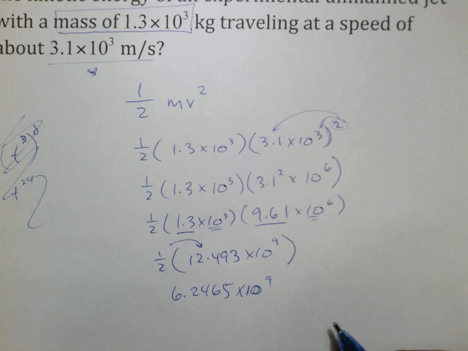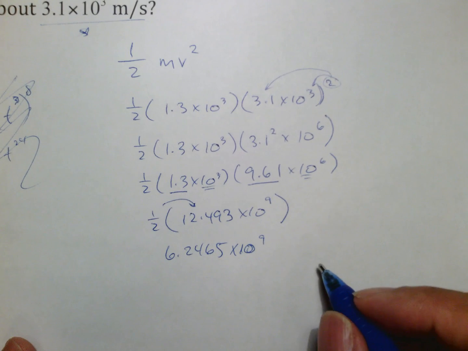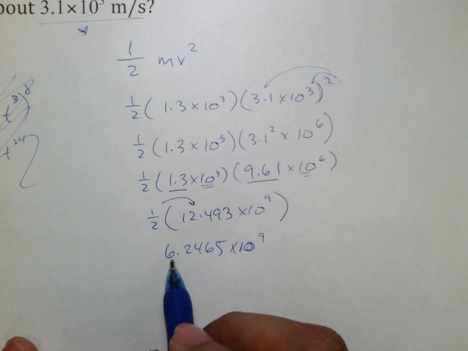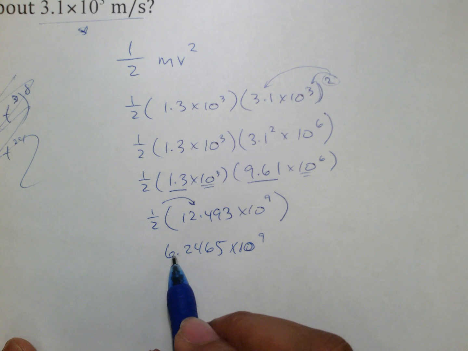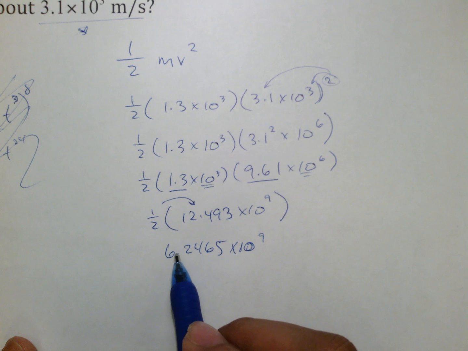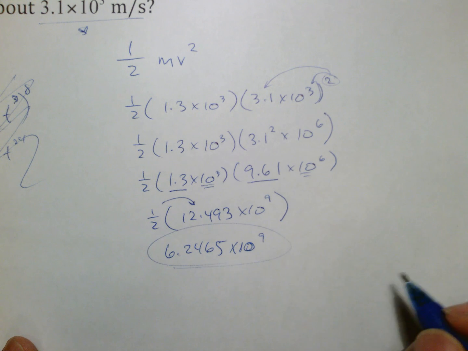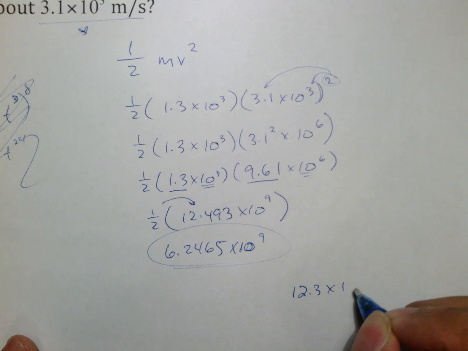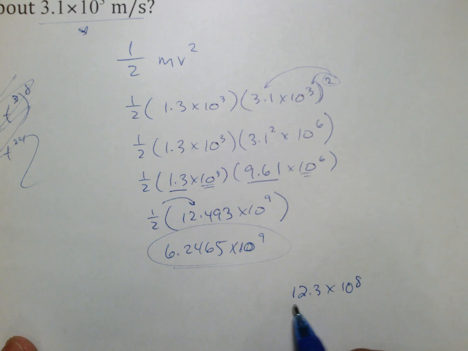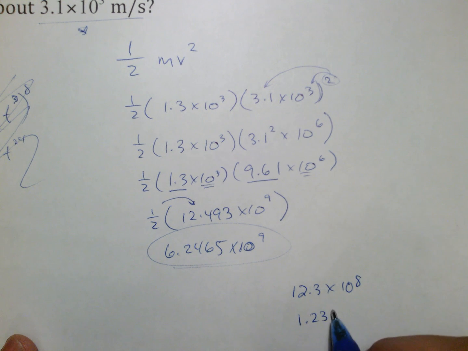Now I need to put this officially on the video here because there are some people who did not get it yesterday. This works because it's 6 point something, and scientific notation works only whenever you have one digit and then a decimal. Real fast, again, this is your final answer here, but a real quick note. If you ever have a number like 12.3 times 10 to the 8th, this is not scientific notation because you've got 2 digits before the decimal, and so you have to move this after the first digit.